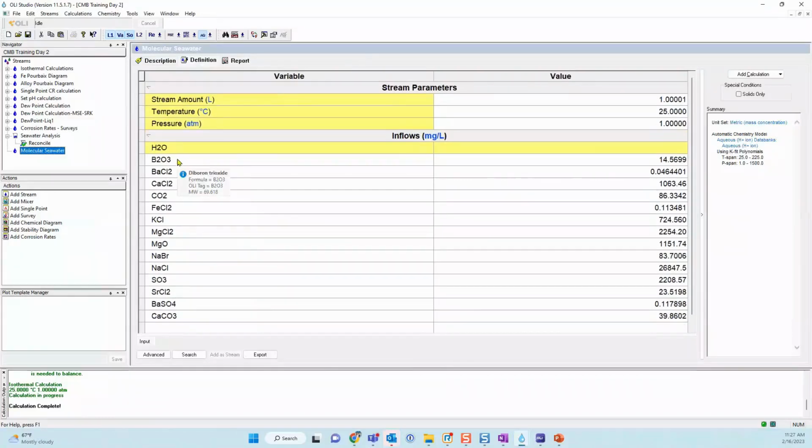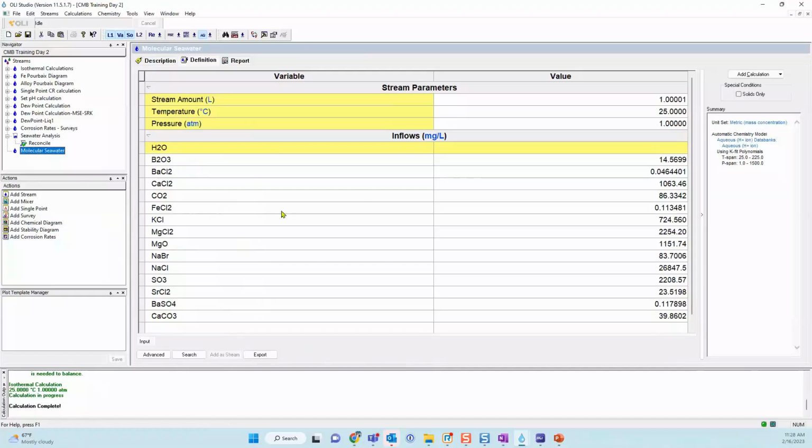Everything is put into a molecular form. And these molecules, when you put them in water and dissociate them, should give you the exact same composition as that water analysis that we entered. So that is the molecular equivalent of that water analysis.